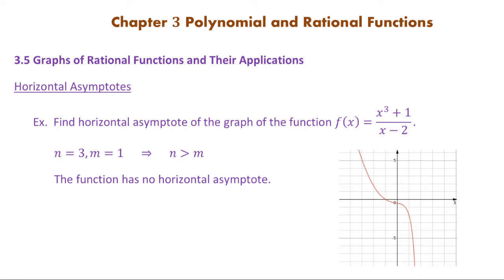That means n greater than m. According to the theorem, the function has no horizontal asymptote when n is greater than m. The graph shows, on the right, that you don't see any horizontal asymptote.